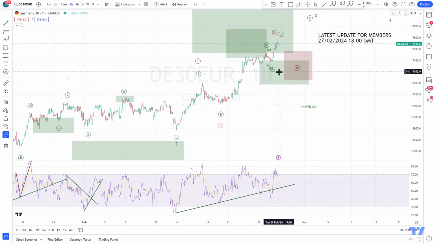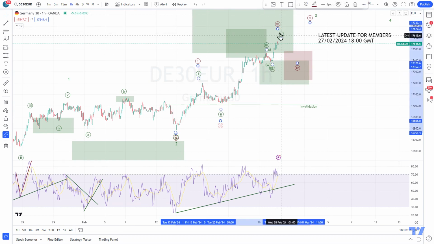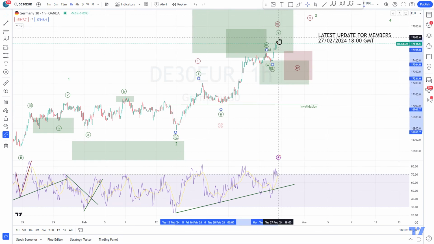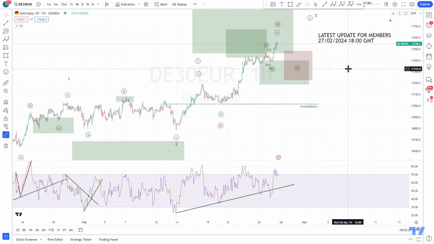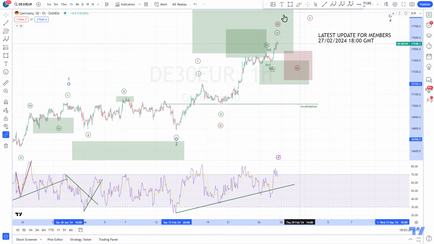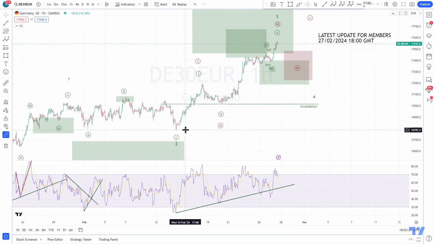At the same time, like I said, we broke the RSI trend line. We have divergence right here. So that could mean that we have to be a bit cautious in the sense that our third wave could be in right here. And then we might actually be ready for a bigger pullback, a pullback against this invalidation level right here.